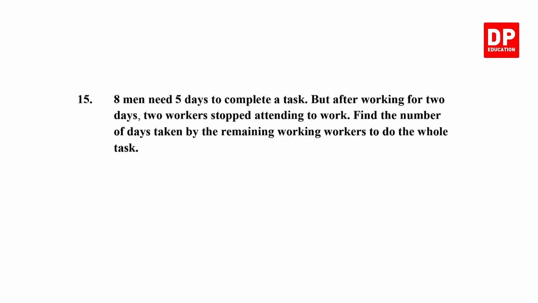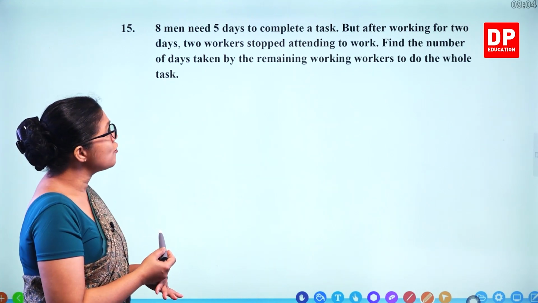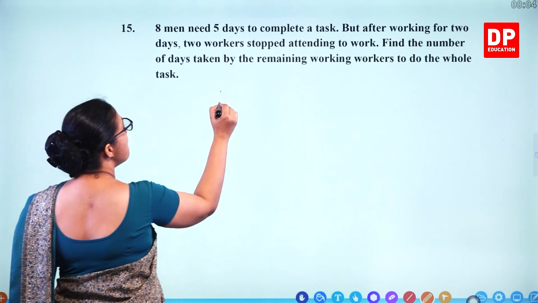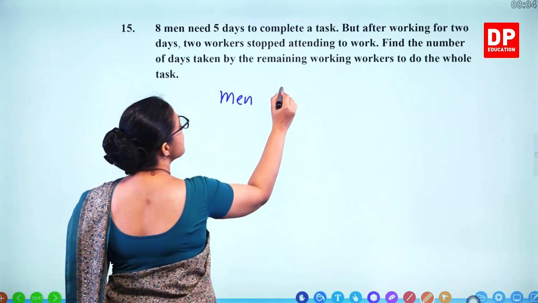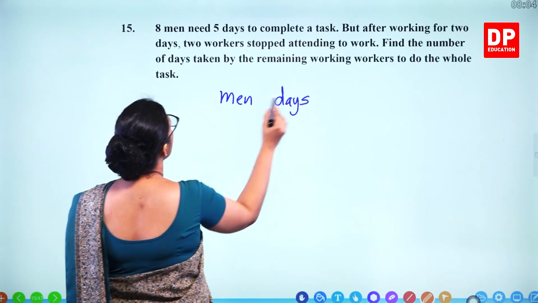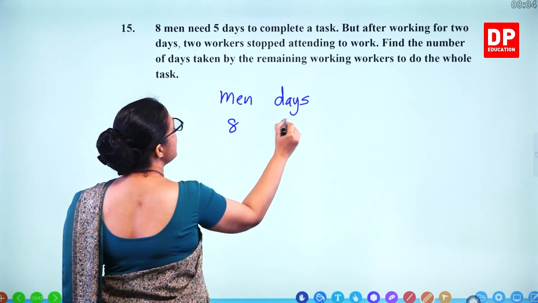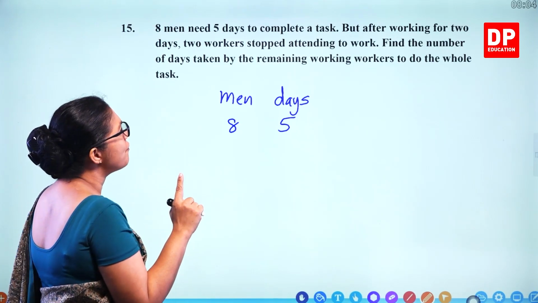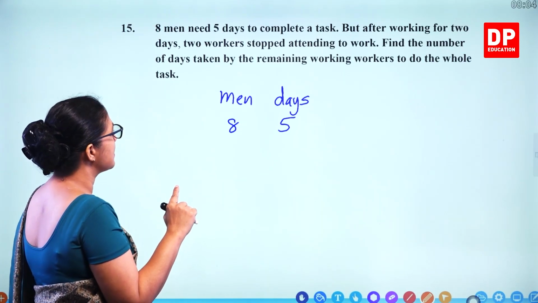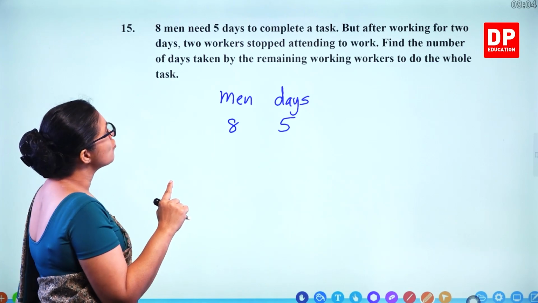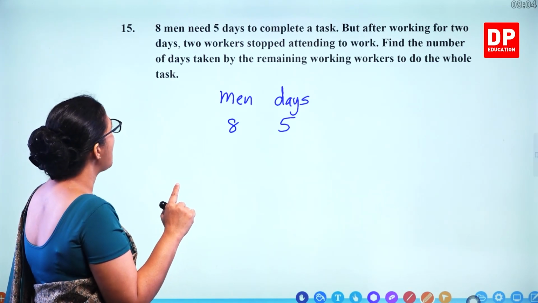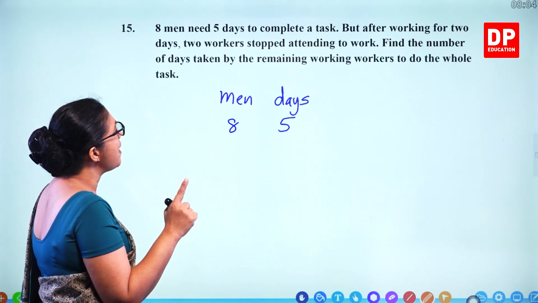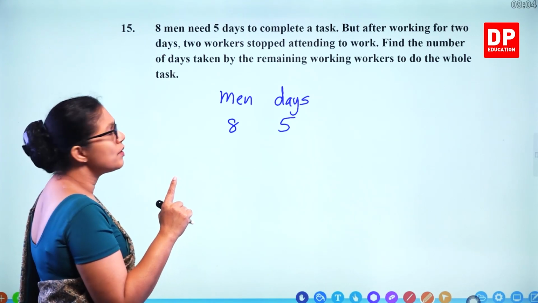Question number 15. 8 men need 5 days to complete a task. Men, days. 8 men, 5 days to complete a task. But after working for 2 days, 2 workers stopped attending work. Find the number of days taken by the remaining workers to do the whole task.